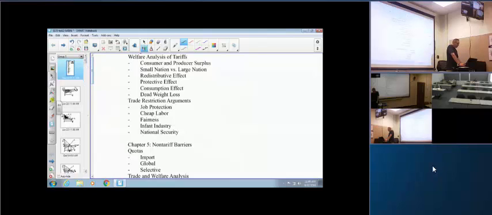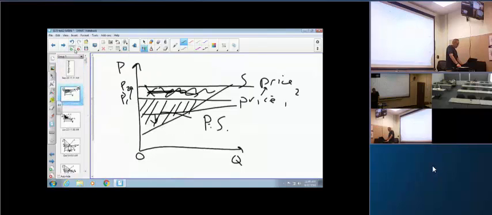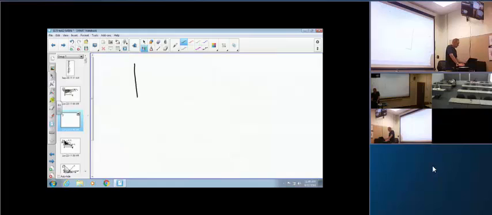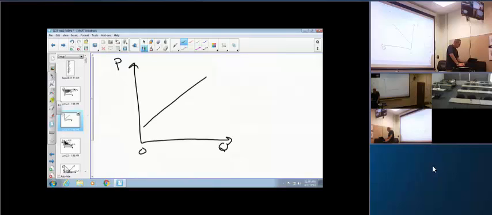So be it. Okay, so what do we see in the market? Both of these things come together. There's the supply of something, there's the demand for something, and the market determines the price right here, right? On P star. And we know that this area up here is the consumer surplus.